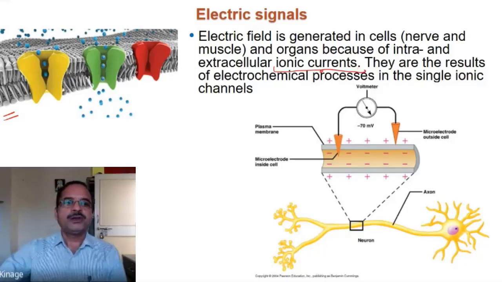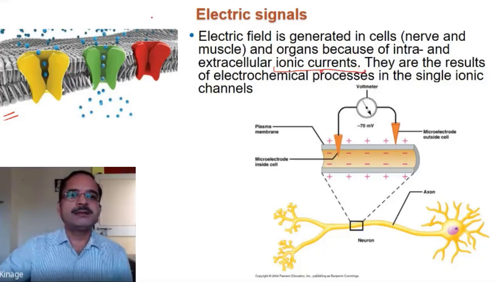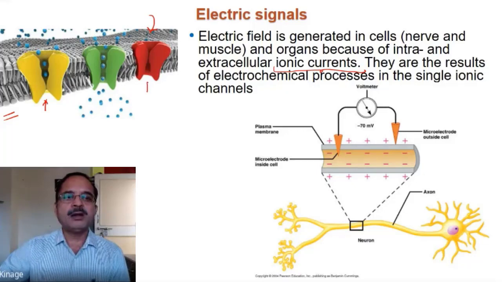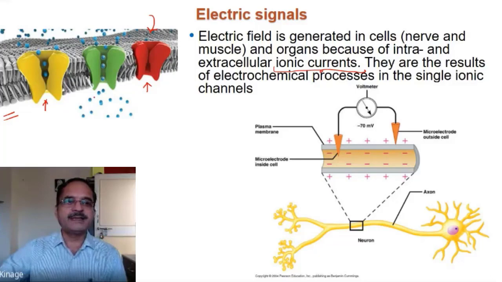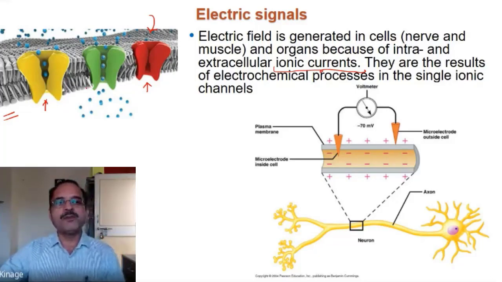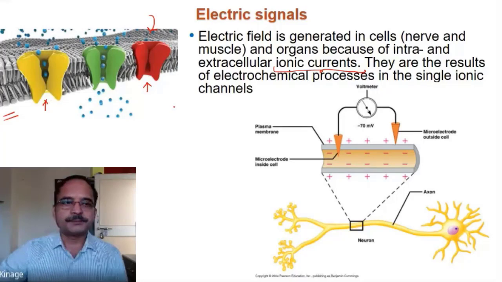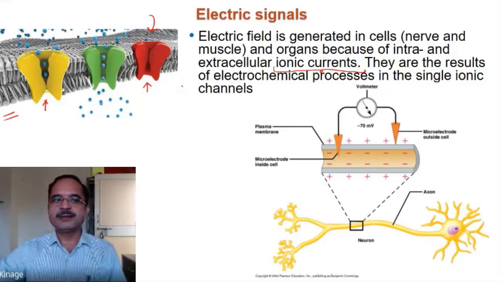You can see here, this is the membrane, and there are some openings in this membrane, and these openings are controlled by some activity. When these cells are excited, these openings permit the movement of ions, positive or negative, through them, and because of that some ionic currents flow inside these cells.